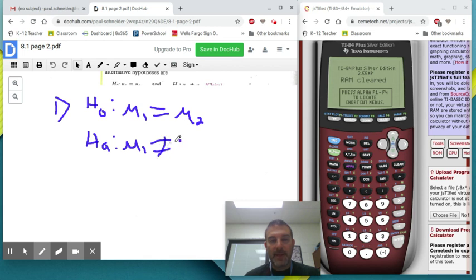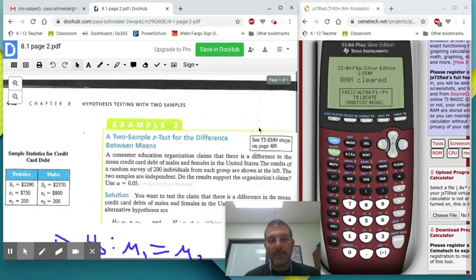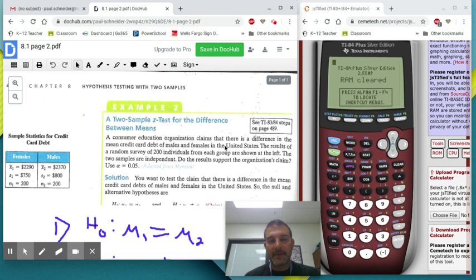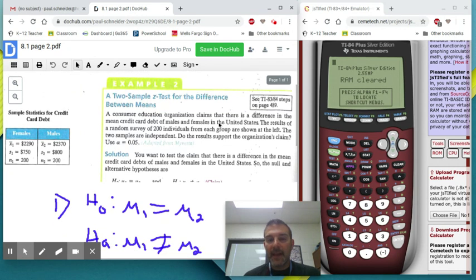You're probably saying, why is it equal and does not equal here? Why did you choose that? Well, let's look at what it says in the problem. It says that the claim is that there is a difference in mean credit card debt.